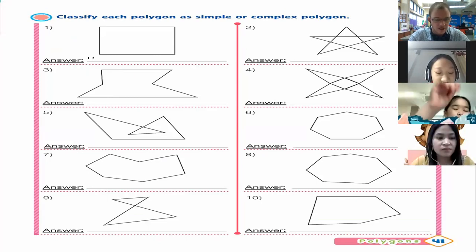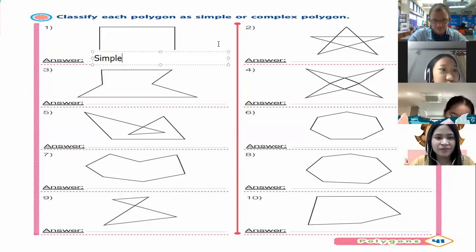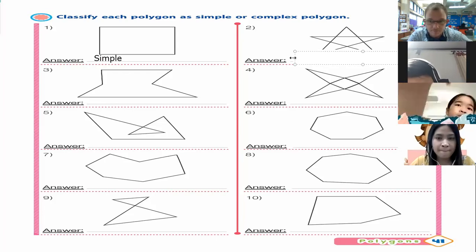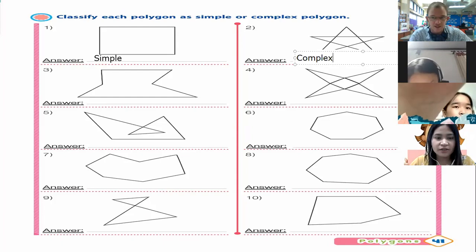Simple. Excellent. This is simple. Okay, number two. What do you think? Complex. Excellent.